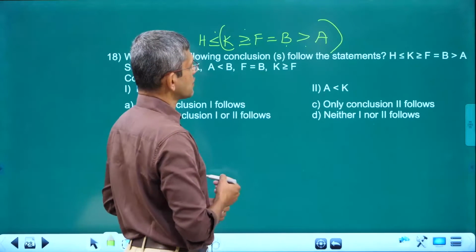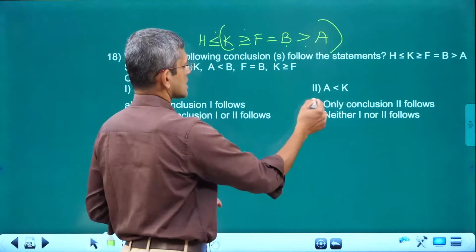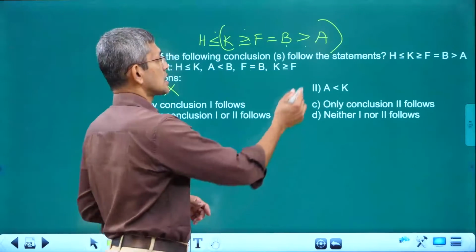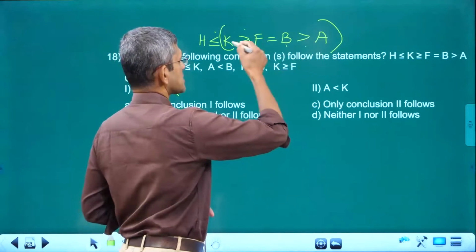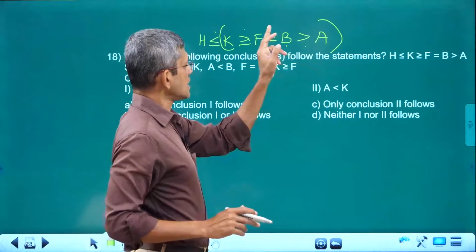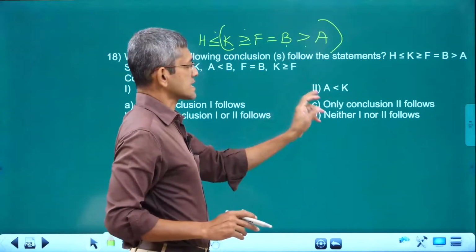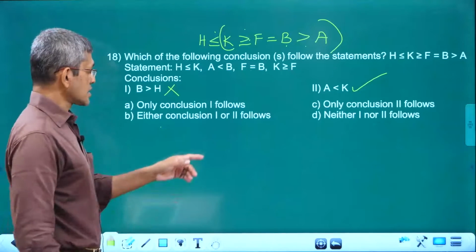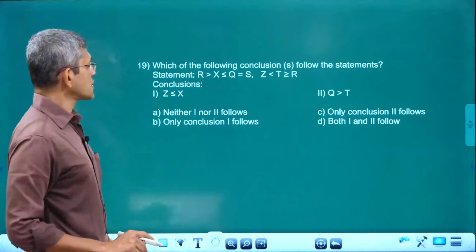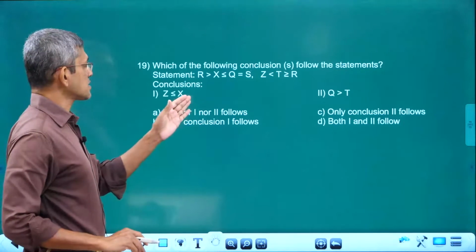What we are looking for is a is less than k. Yes, a is less than k. Here we have a less than symbol between a and k. So k is greater than a, or a is less than k. So only one follows. Conclusion 1 follows.